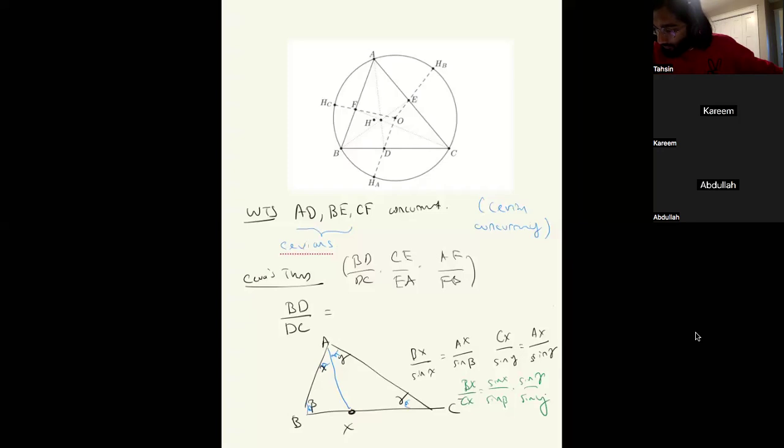If we do it in this picture, that won't work exactly because I don't think it's easy to calculate these two angles. But there's a better triangle you can use in this picture.